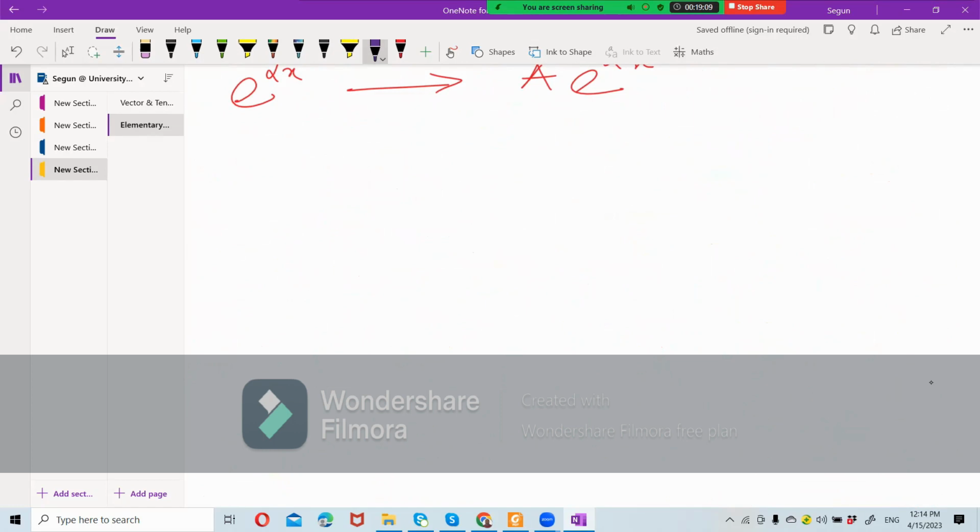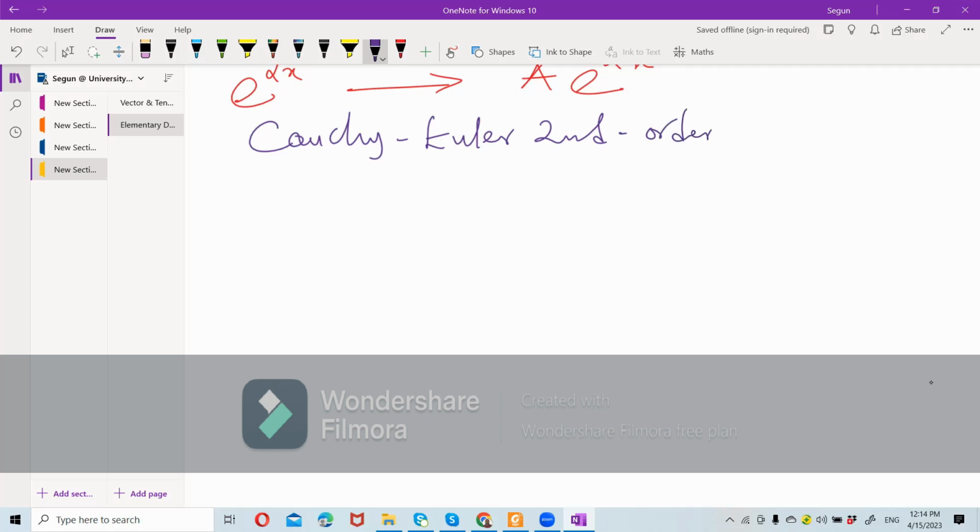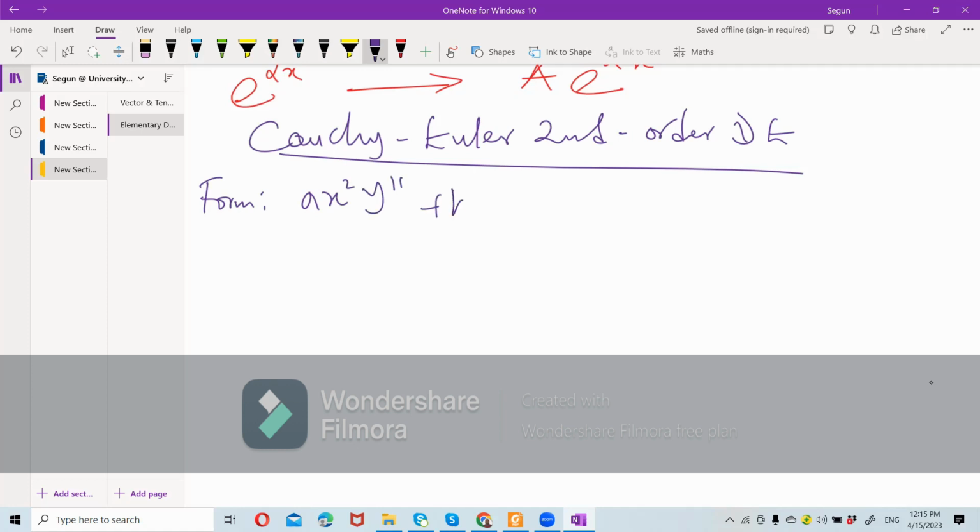It is the Cauchy-Euler second order differential equation, of the form ax squared y prime prime plus bx y prime plus cy equals to g of x.